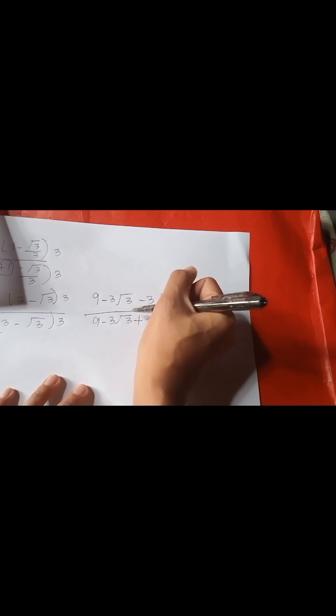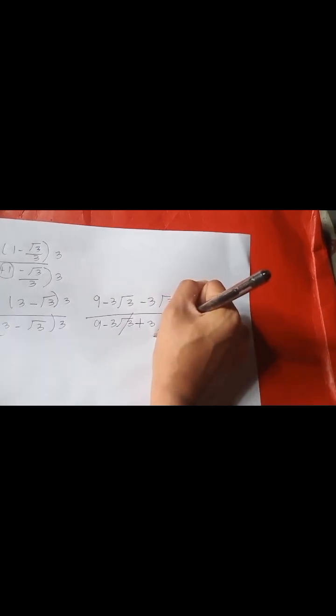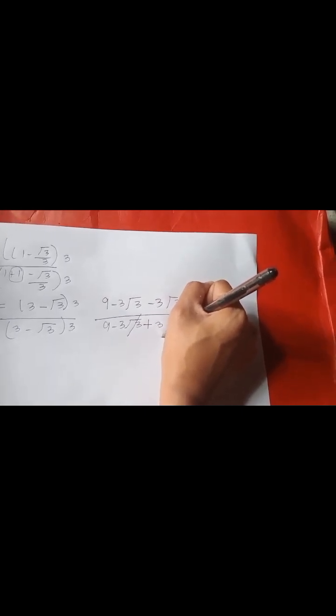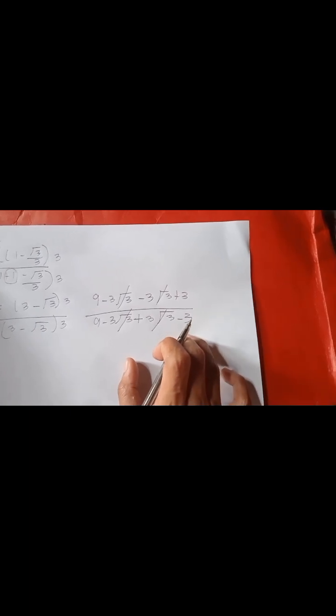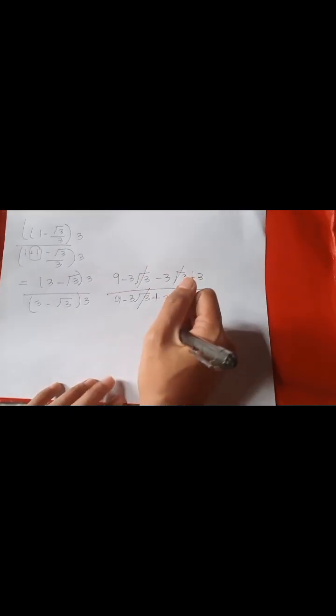So, what should we do next? Let us cancel this. 3 square root of 3 cancel. Same here. Let us cancel this also. So 9 minus 3 is equal to 6.